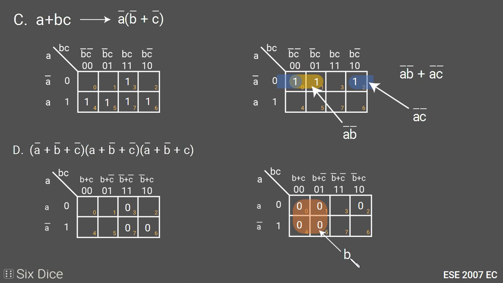The second pair will be the 0th cell and second cell, so it will be minimized as A plus C, since A is common in the fourth column and C is common in the first column. So the inverse of this function will be B into small bracket A plus C.